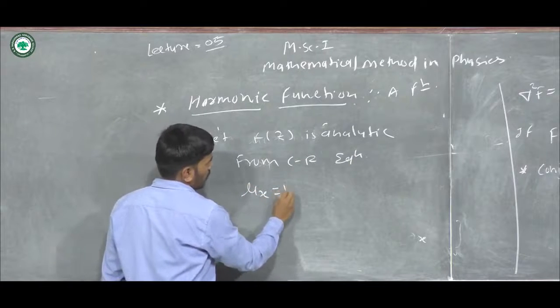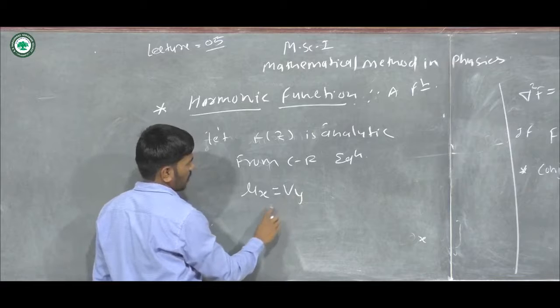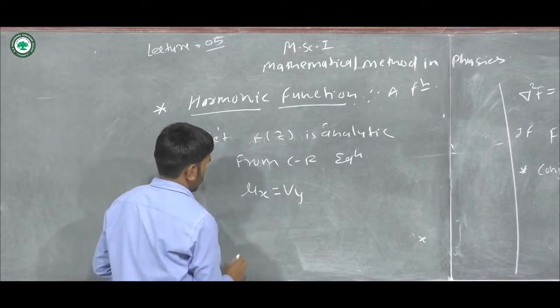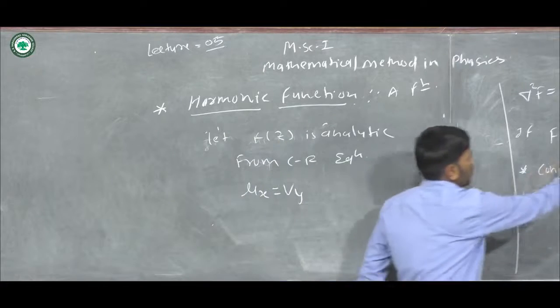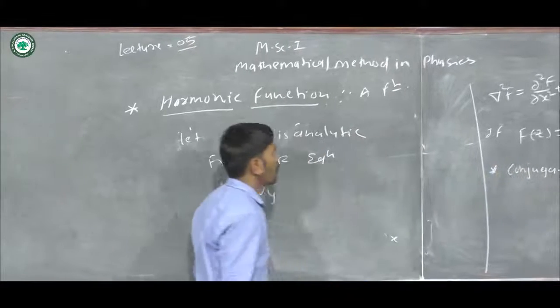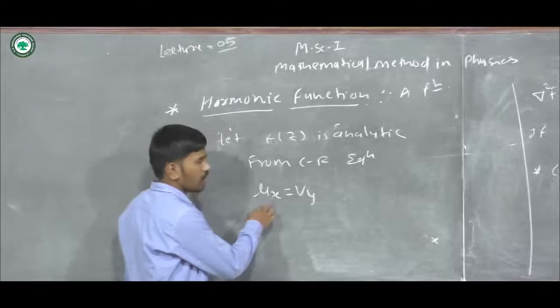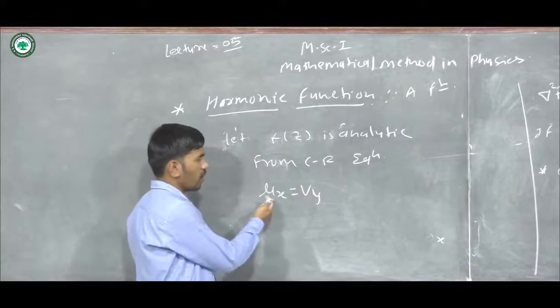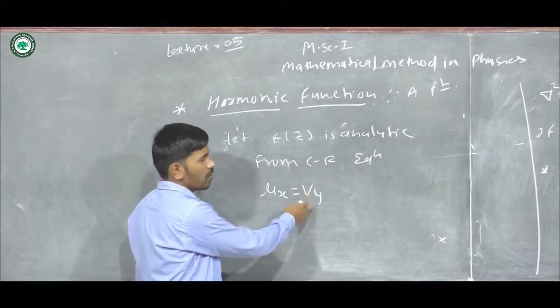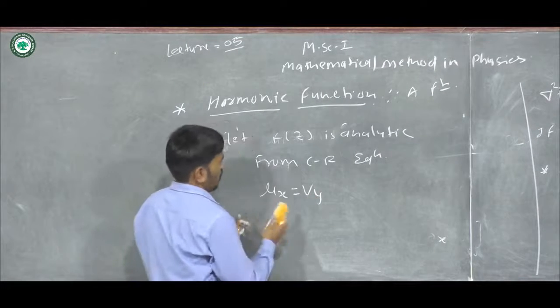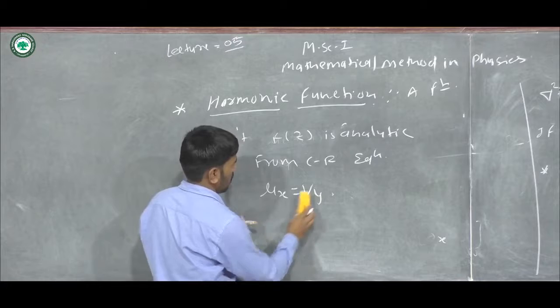ux is equal to vy, where f of z is equal to u plus iota into v. So ux is the first derivative of u with respect to x, and vy is the first derivative of v with respect to y.